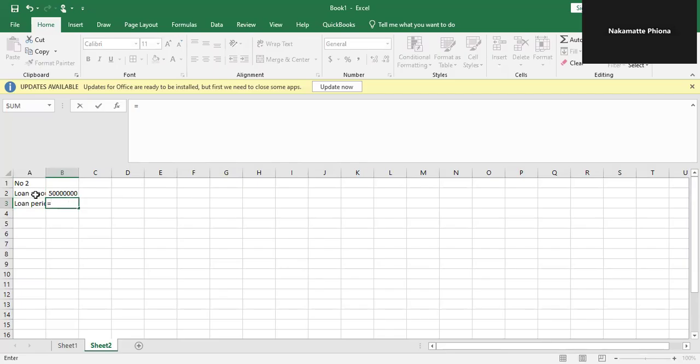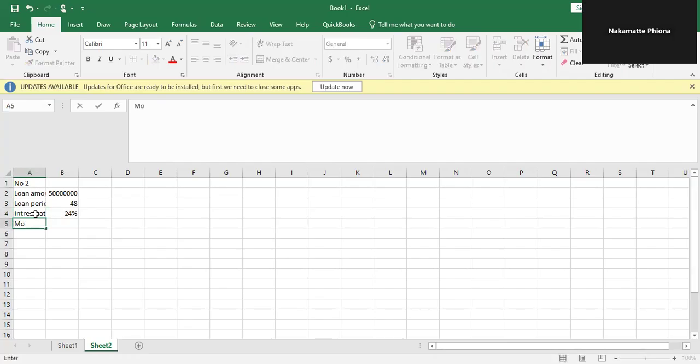It is 4 years times 12 months because the interest was given per annum. It's 48. So interest rate, it is 24%.